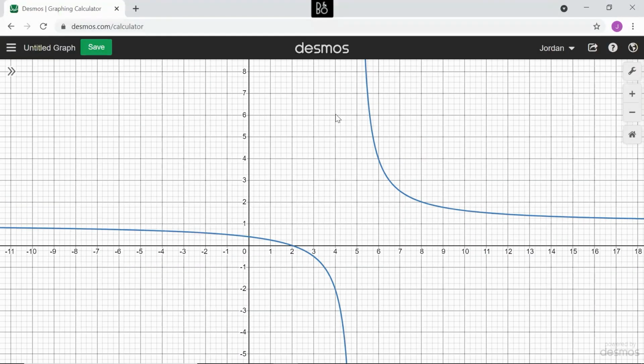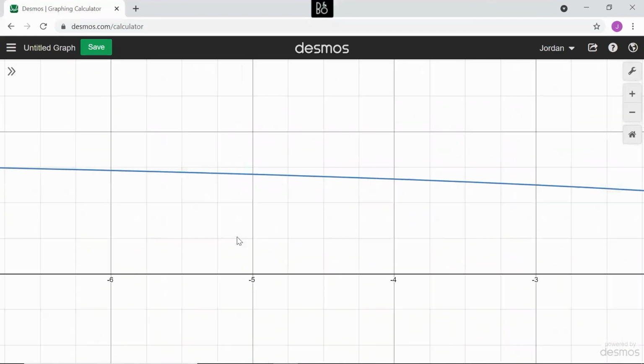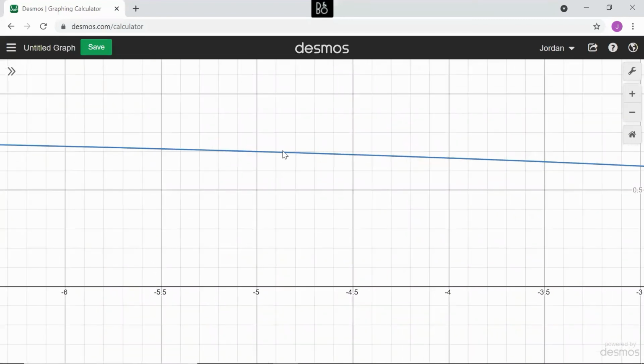Well, the graph of this rational function looks like this. And if we're tending towards -5, we're tending that way. I can hopefully zoom in on that. As my x value tends towards -5, you can see here, this is 0.1, 0.2, 0.3, 0.4, 0.5, 0.6, 0.7. So it's going right there.